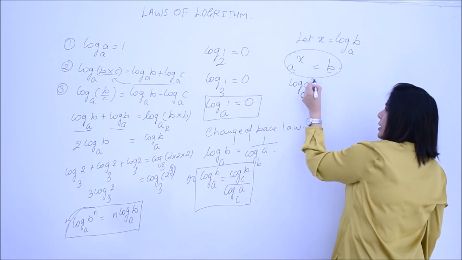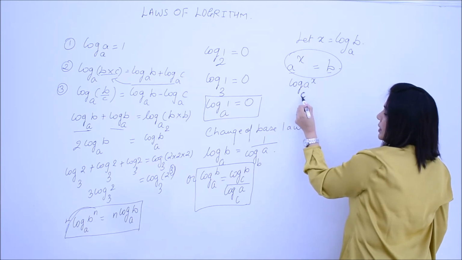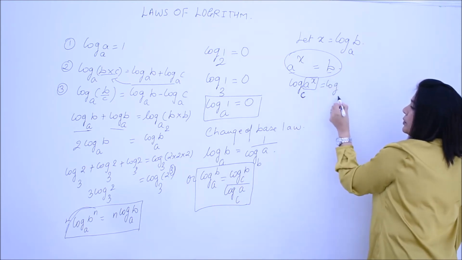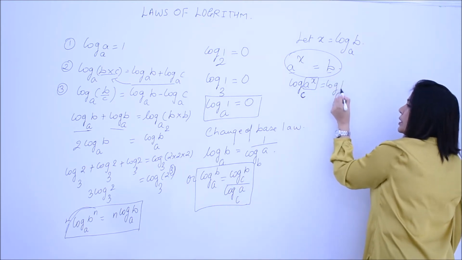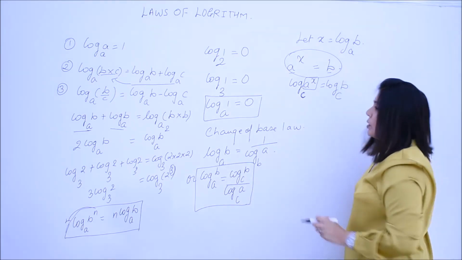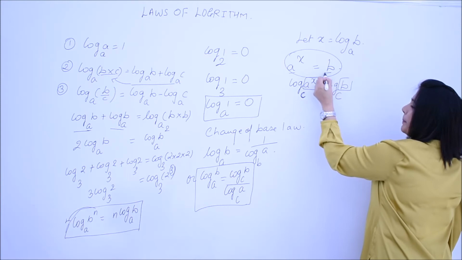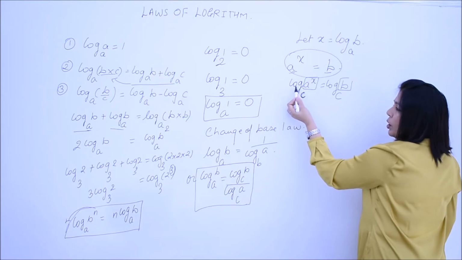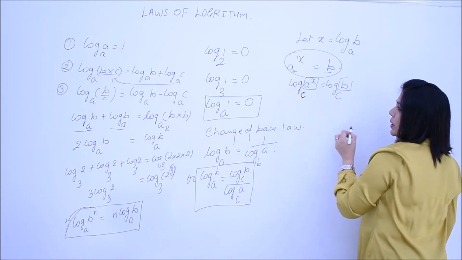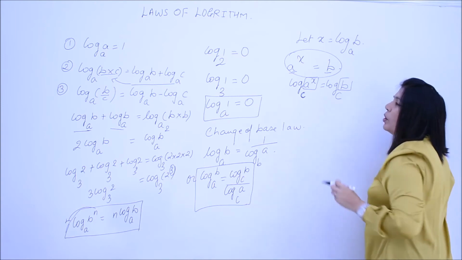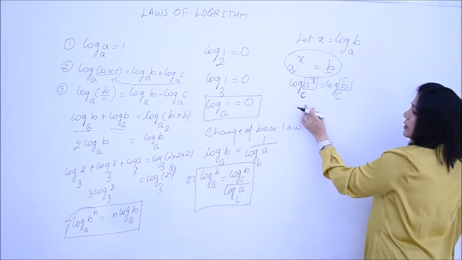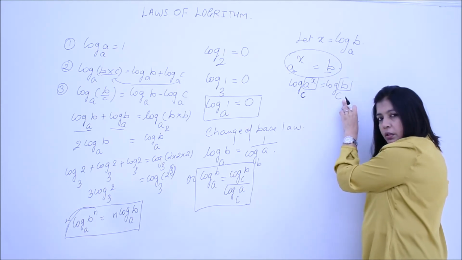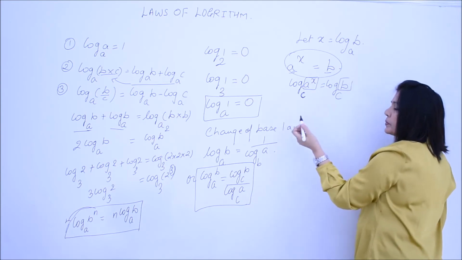The time taken for c to reach this growth rate is equal to the time taken for the same c to reach the same value. So the resulting value is the same. In terms of my log definition, log to the base c of a raised to x is equal to log to the base c of b. It means the time taken for c to reach the value a raised to x is equal to the time taken for c to reach the value b.